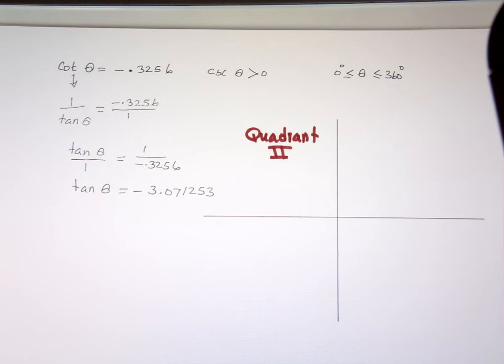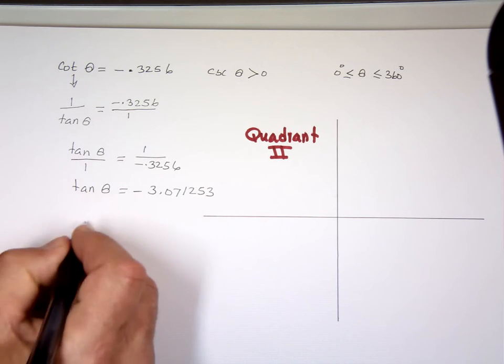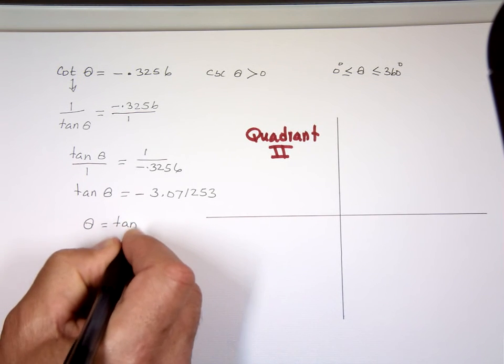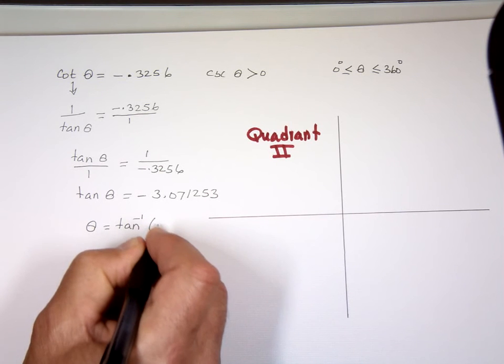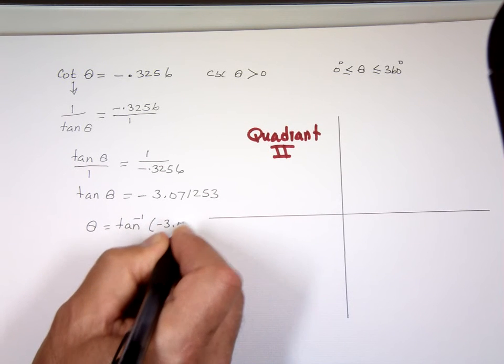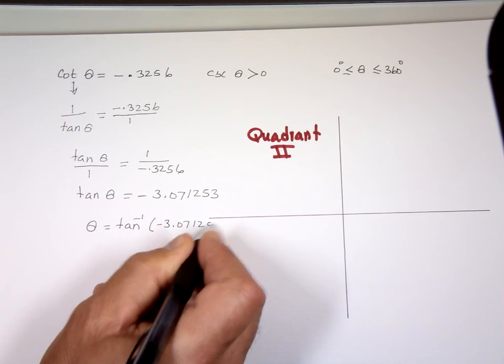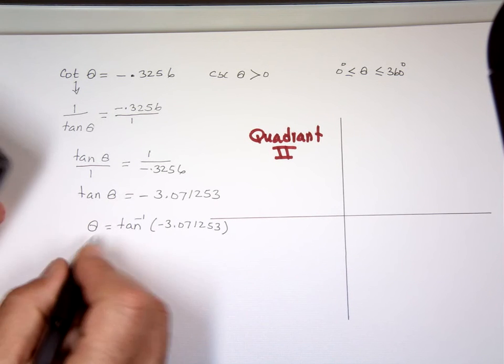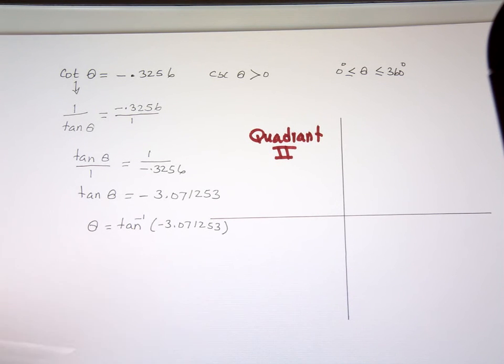Can we figure out what theta is? To get theta, we take the inverse tangent. The calculator is saying I forgot to put it in degree mode, so let me switch the mode first.